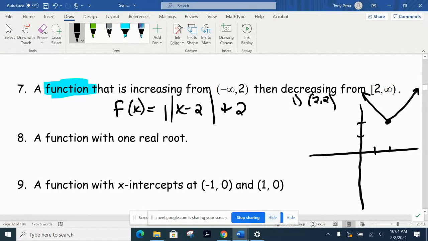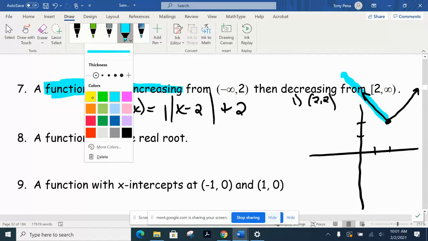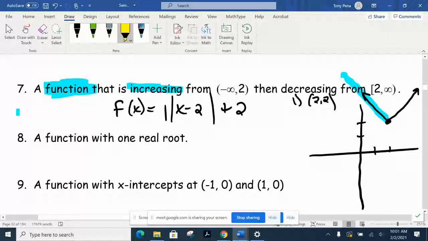So now let's see if what he said is correct. Are we increasing from negative infinity, so from the left up until 2? So in this interval right here, we need to be increasing. Is that happening? No. But Ahmed's going to fix it. He's going to think right now while I show this, and he's going to fix this very, very quickly. We should have been decreasing from 2 the rest of the way.